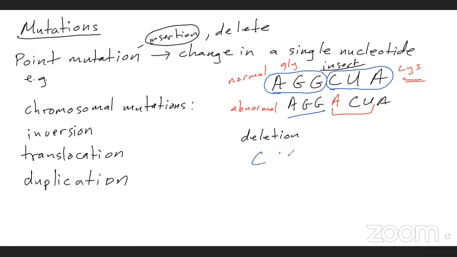Let's take a random example, CGAACC, all right? So this is the normal one. All we need to do is delete something now. Normal, abnormal. So let's go with CGAA.